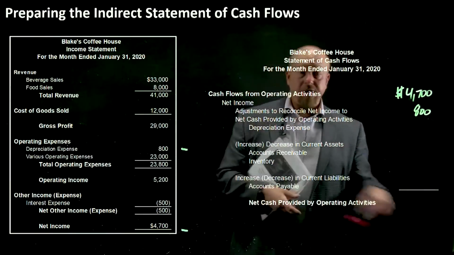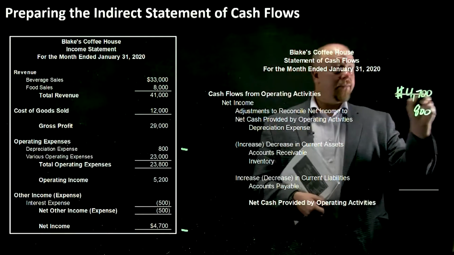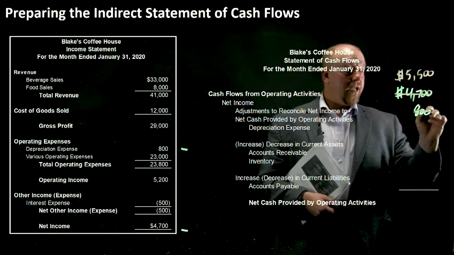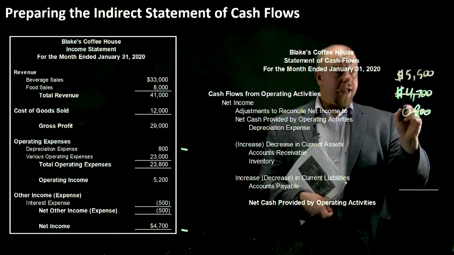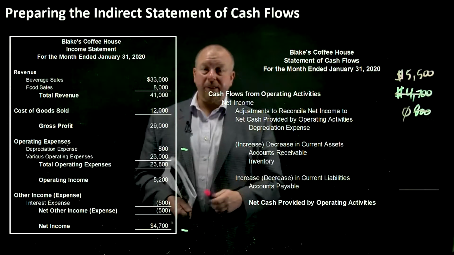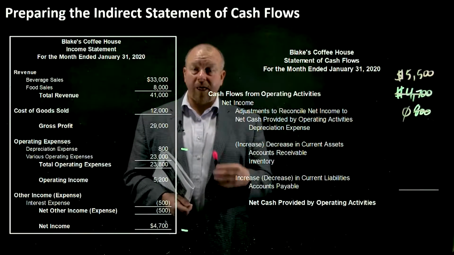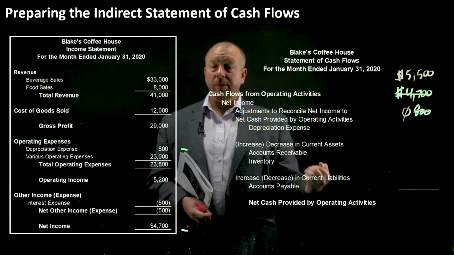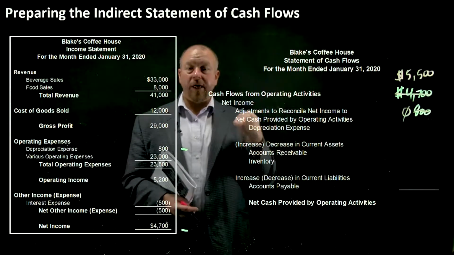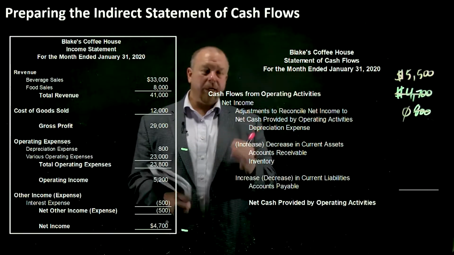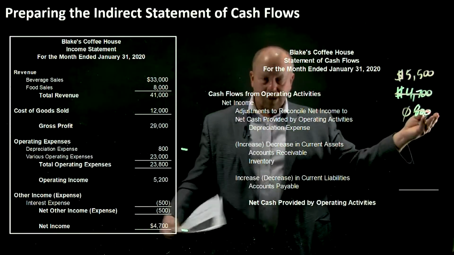If we forgot to make that entry, our net income would have been $5,500 and we would have no add back here, okay? Because you see, that depreciation expense did not affect cash flow. That $800 is an expense that is causing our net income to be lower, but is not causing our checkbook balance to be lower, okay? And hopefully that kind of explains why we need to add back depreciation expense.